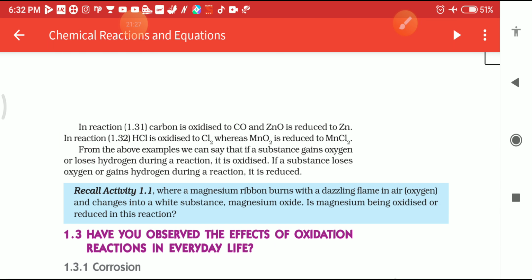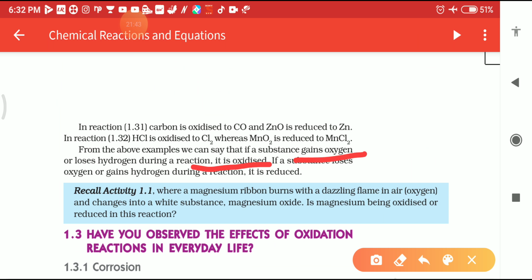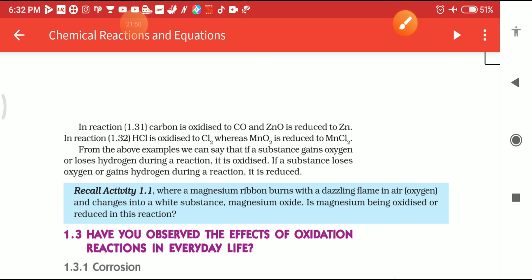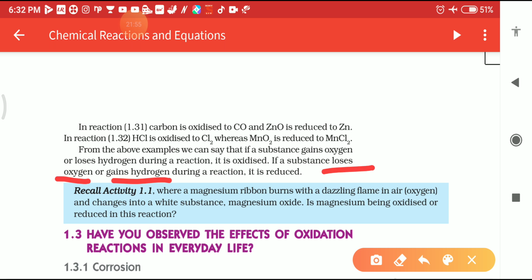From the above reactions we can say that if a substance gains oxygen or loses hydrogen during a reaction, it is oxidized. Same thing again: gain of oxygen or loss of hydrogen is oxidation. And if a substance loses oxygen and gains hydrogen during a reaction, it is called reduced, or reduction.